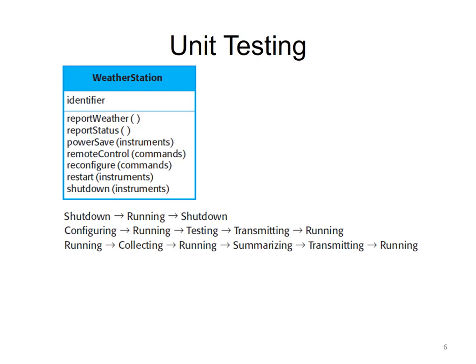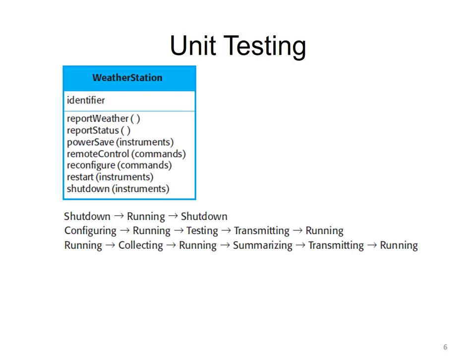The interface of this object is shown in the above figure. It has a single attribute, which is its identifier. This is a constant that is set when the weather station is installed. You therefore only need a test that checks if it has been properly set up.